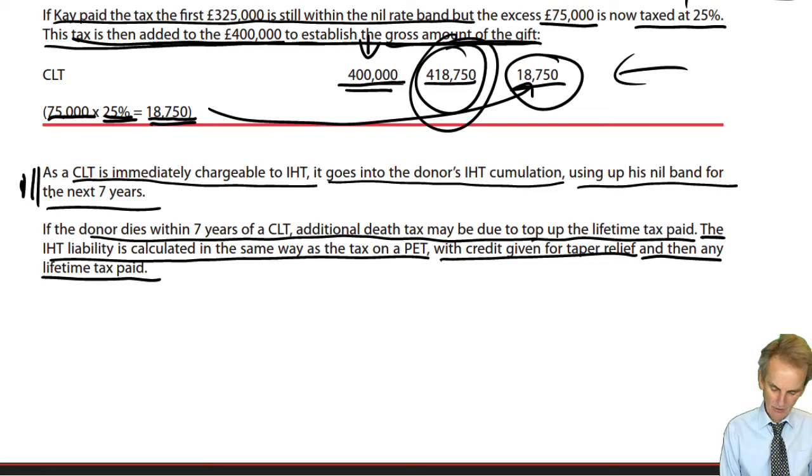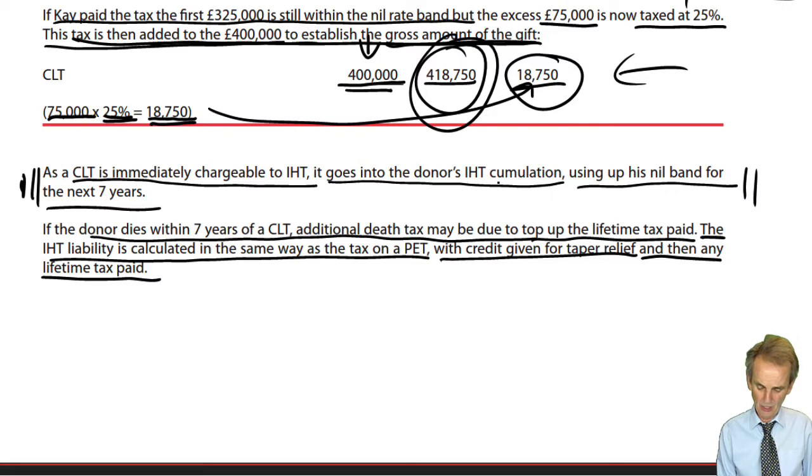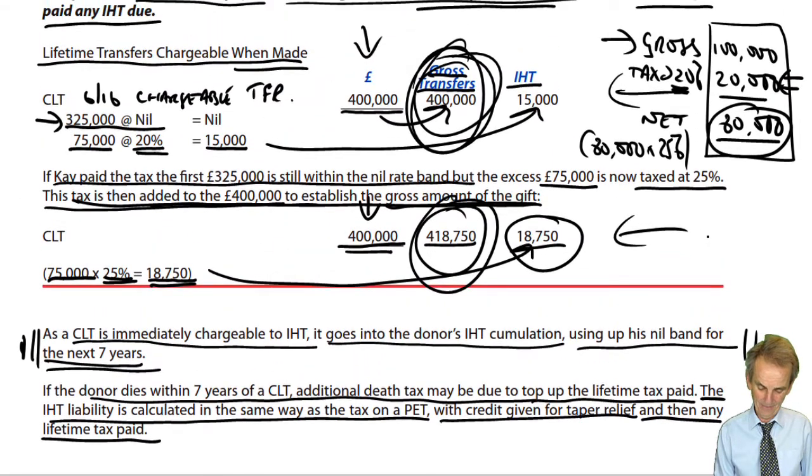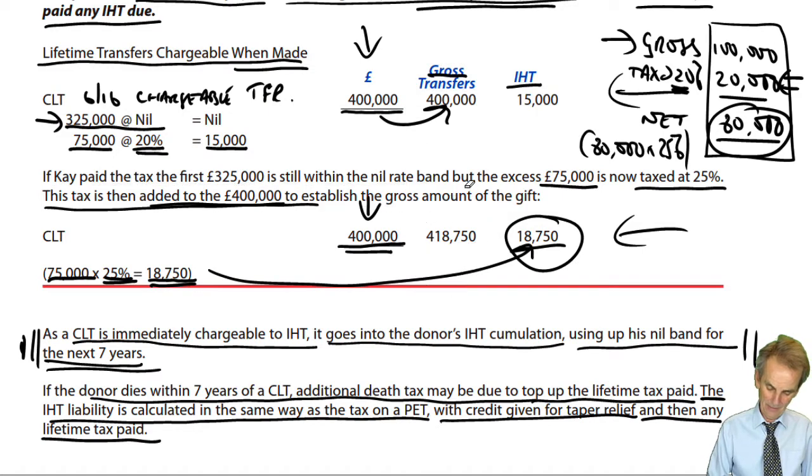But to go back to this, as a CLT is immediately chargeable to IHT, it goes into the donor's IHT accumulation, using up his nil band for the next 7 years. So looking at our example here, let's try to make some of this a little bit clearer now.